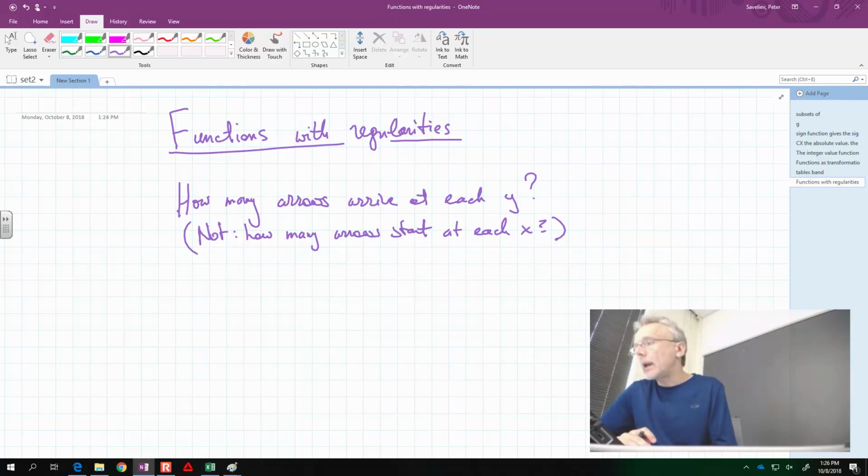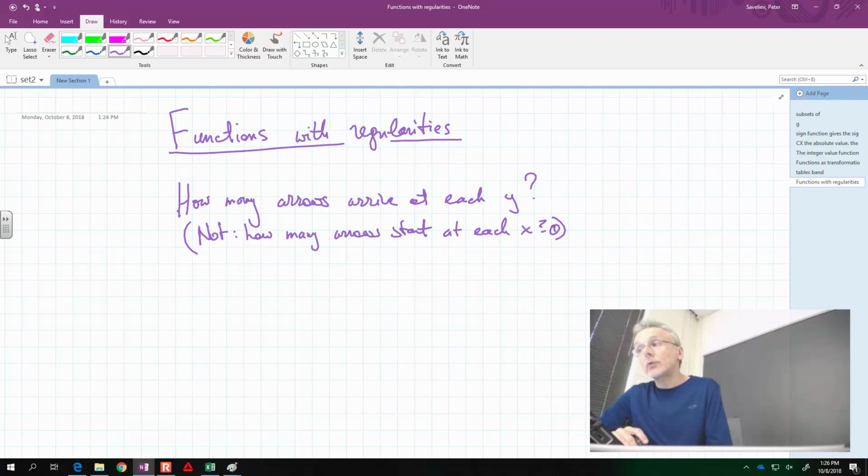How many arrows start at each x? We have a definitive answer to that. Just one, right? So that's why we're not concerned. The answer is 1 always. If it's a function, every x has 1 arrow starting at it.